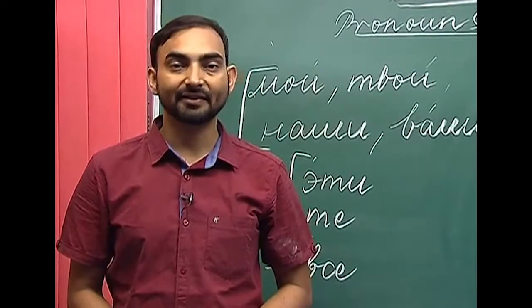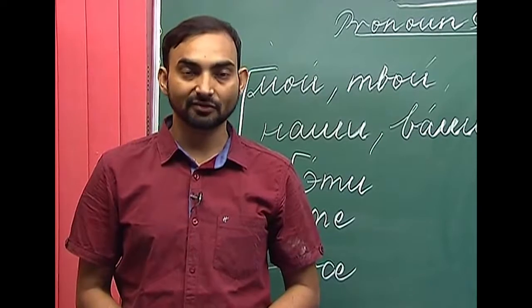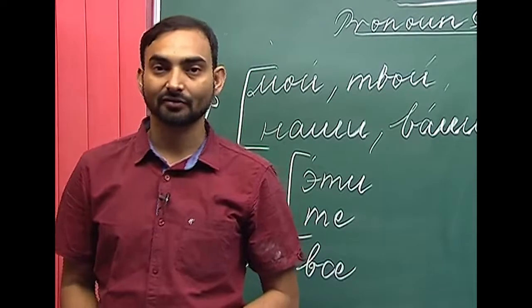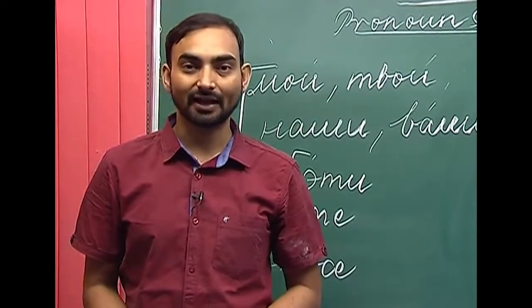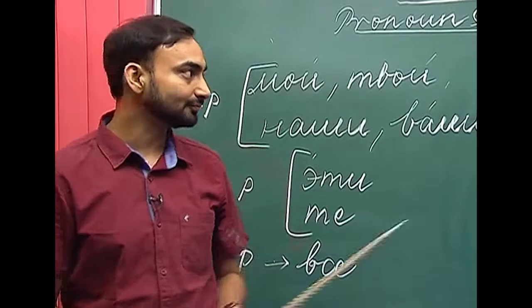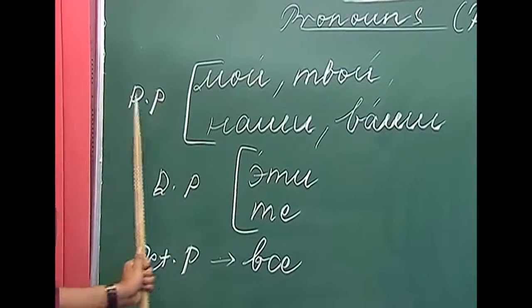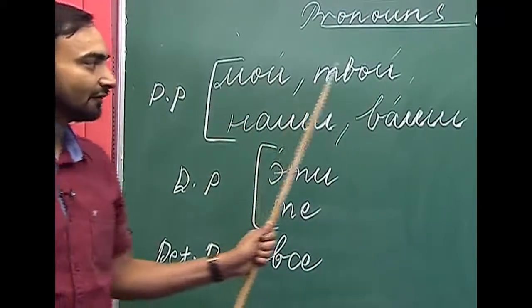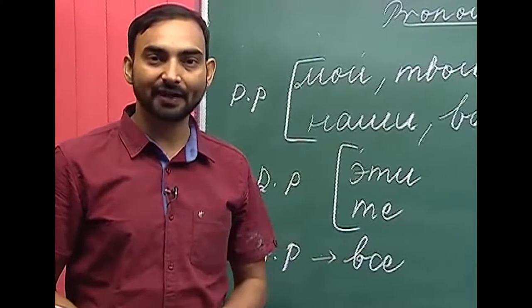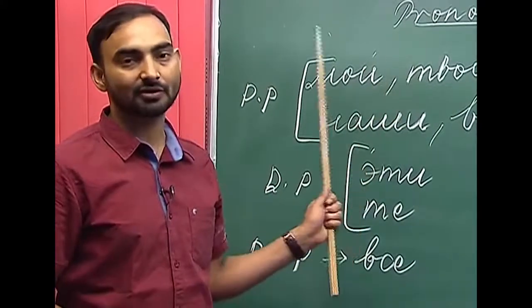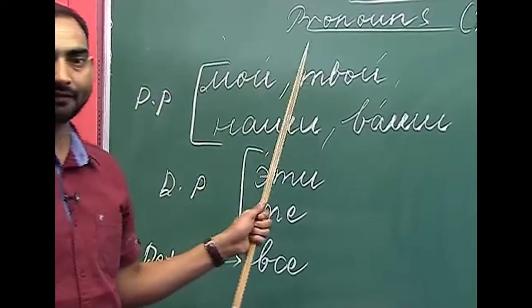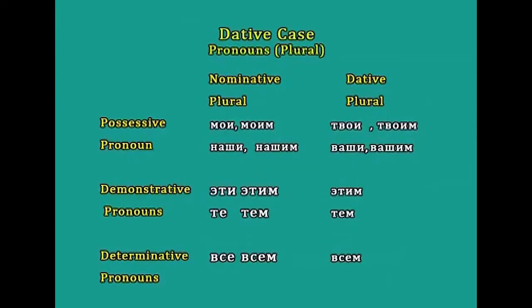We will now look at the possessive pronouns, demonstrative pronouns and determinative pronouns in plural in the dative case. How do these pronouns decline in the dative case in plural form? I have written possessive pronouns first. Mai, tvai, nashi, vashi. These are the nominative plural forms of the possessive pronouns moi, tvoi, nash and vash. What happens when these pronouns are used in the dative case?